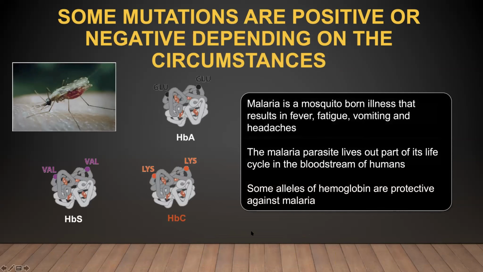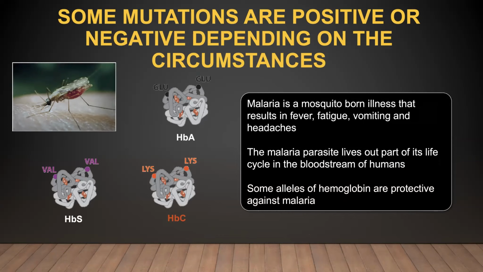All right, and another mutation actually has to do with malaria and hemoglobin. All right, so malaria, you guys are probably aware of, you've heard of this before, I'm sure, is a mosquito-borne illness that can cause people to become very sick, right?